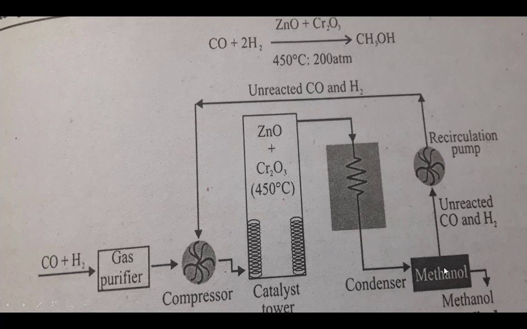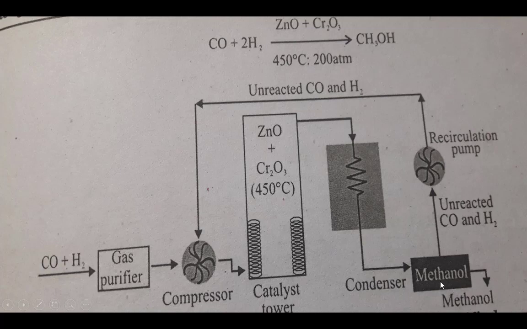Still, this liquid contains unreacted gases, carbon monoxide and hydrogen gas, and these unreacted gases are sent to a recirculation pump. From here, these unreacted gases go back to the compressor to undergo the same process, to be converted into methanol.